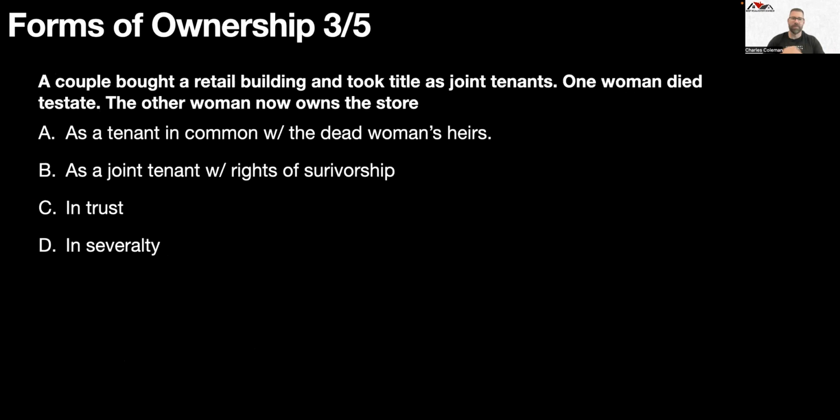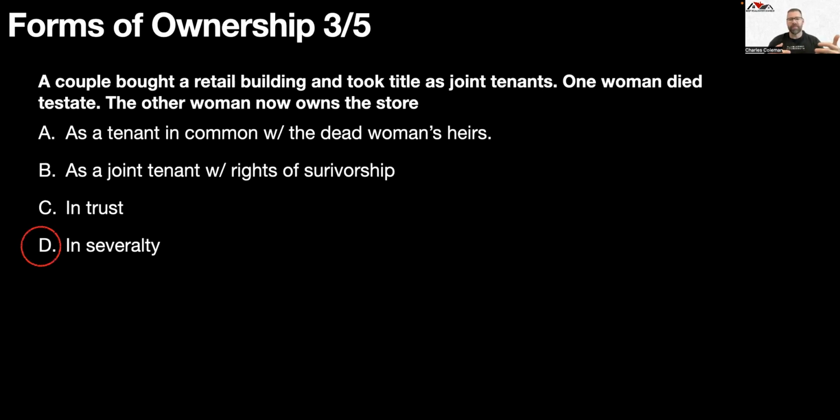All right, number 3. A couple bought a retail building and took title as joint tenants. One woman died testate. The other woman now owns the store. So we have 2 people, joint tenants. One passes away. Now what happens?